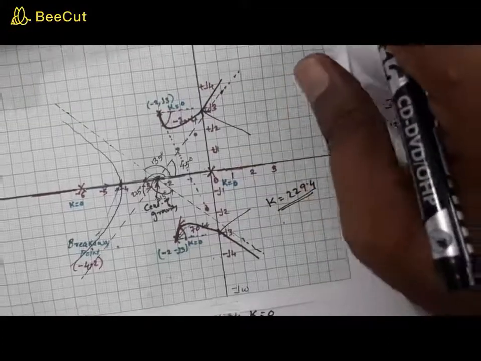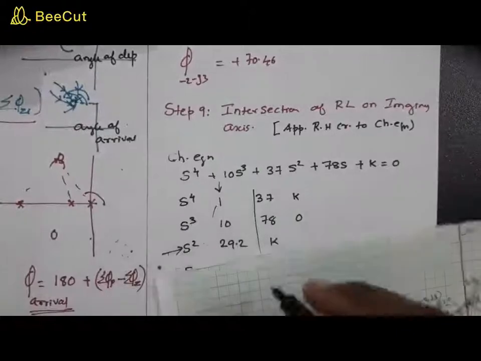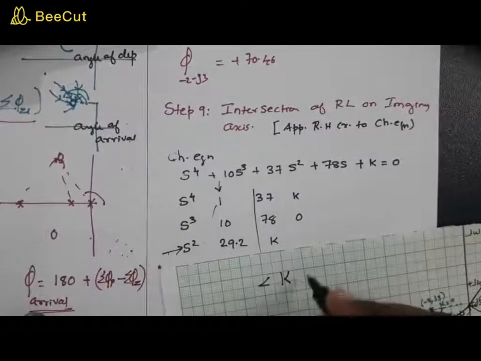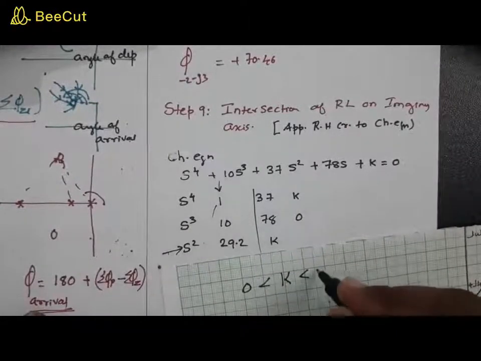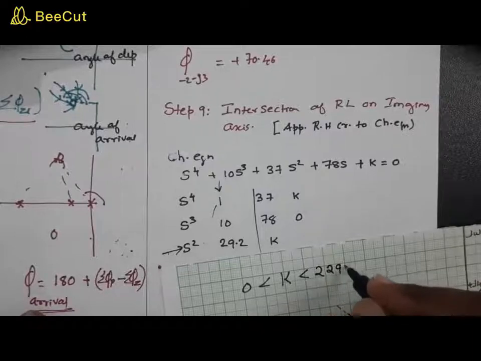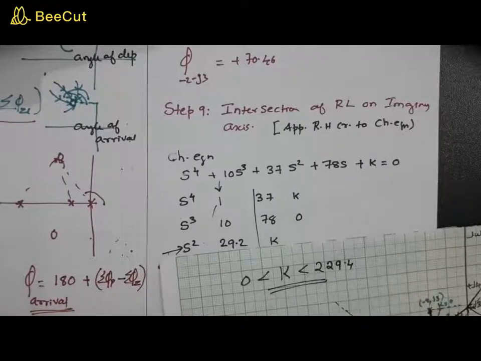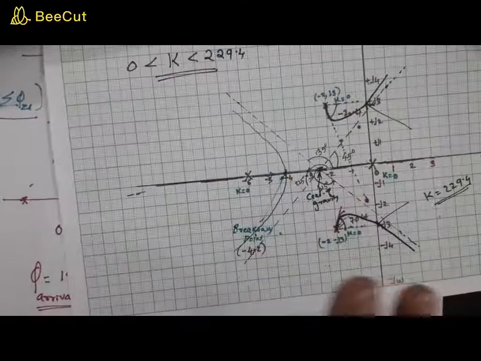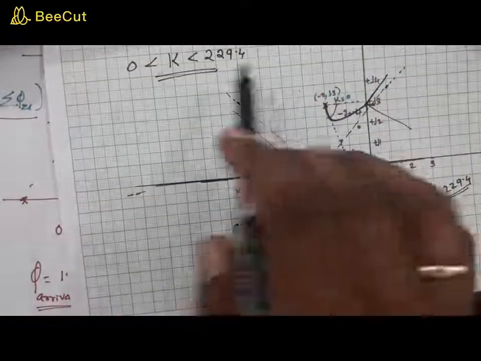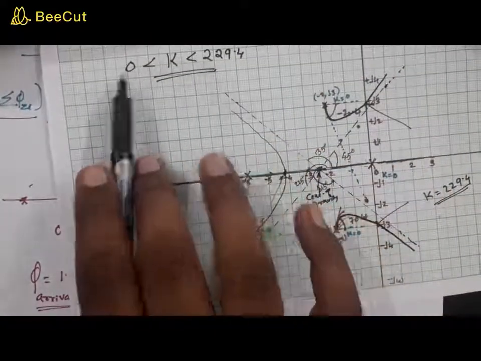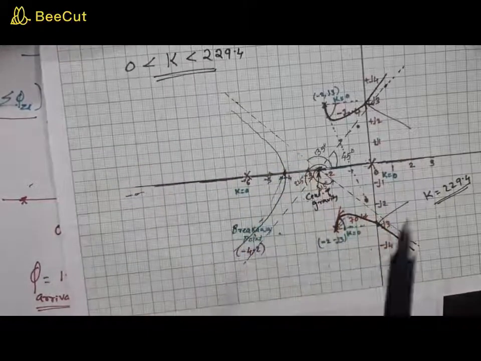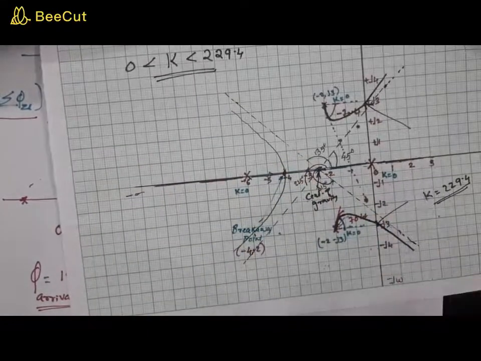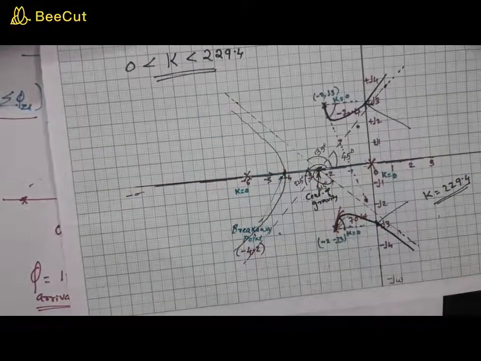So as far as a designer is concerned, he can design the system to be within the forward path gain of 229.4. You must make sure that the designed forward gain value is within 0 and 229.4, otherwise the system can go to an unstable state.